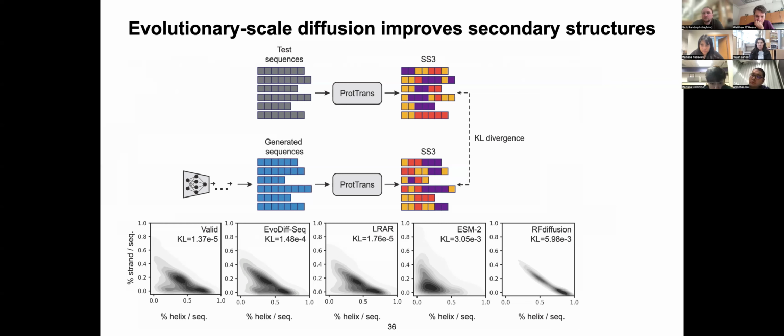We do better than ESM, and this will come up in a bit, but interestingly for RF diffusion, we find that we're able to generate more variety of secondary structure compared to these structure-based methods. So for example, this region here of low helix and low strand would indicate more disordered proteins, which is just simply something we're not able to observe with a model like RF diffusion.